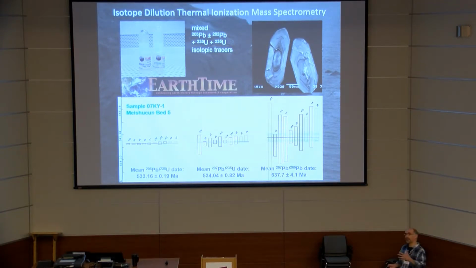That's why we're going back to some of the older sections and redoing some of the older published dates with the new techniques and new protocols, with the EARTHTIME spike and with chemical abrasion, to be able to validate those older data.